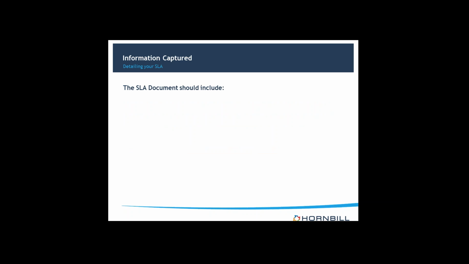So what information do we need to capture when we're detailing our SLA? It depends on your organisation and the support you provide. As I said earlier, it might be one document, or it might be several documents, with each element agreed.